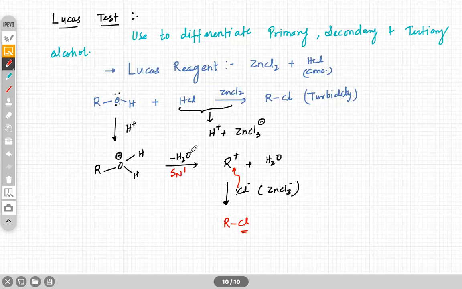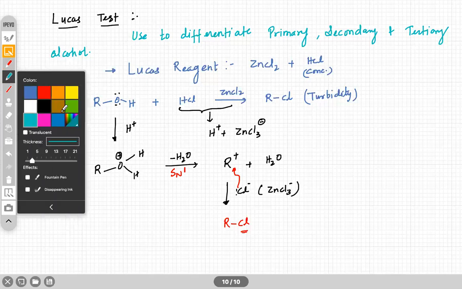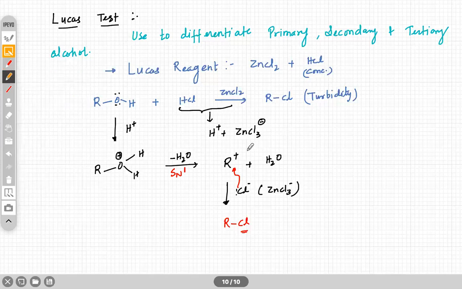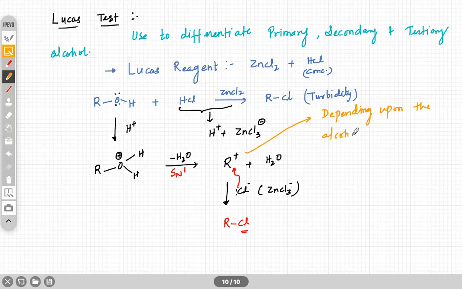Depending upon the alcohol, the carbocation could be 1 degree, 2 degree, or 3 degree.